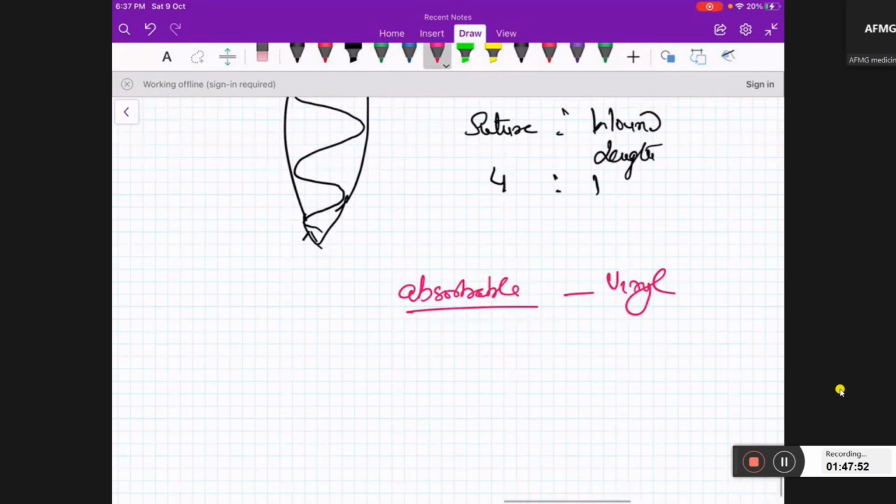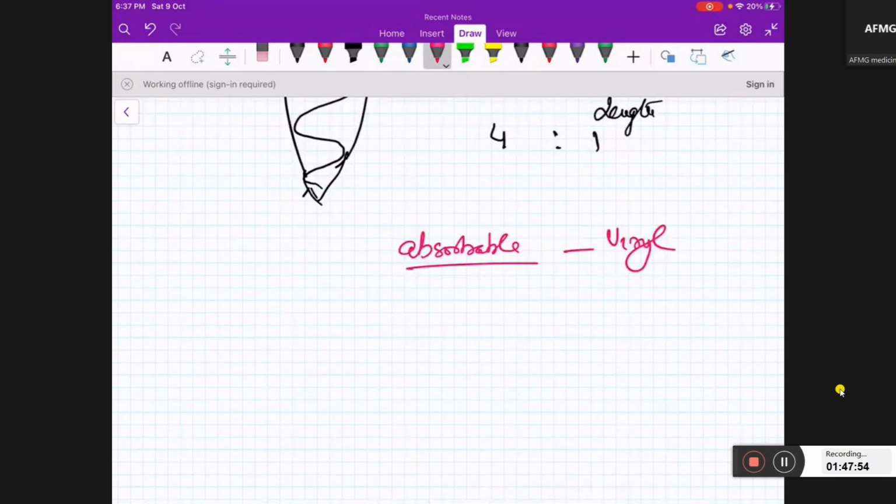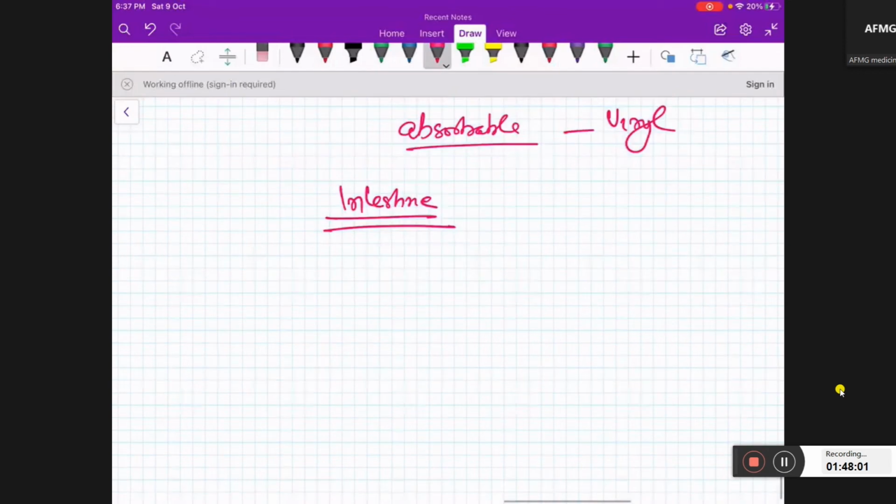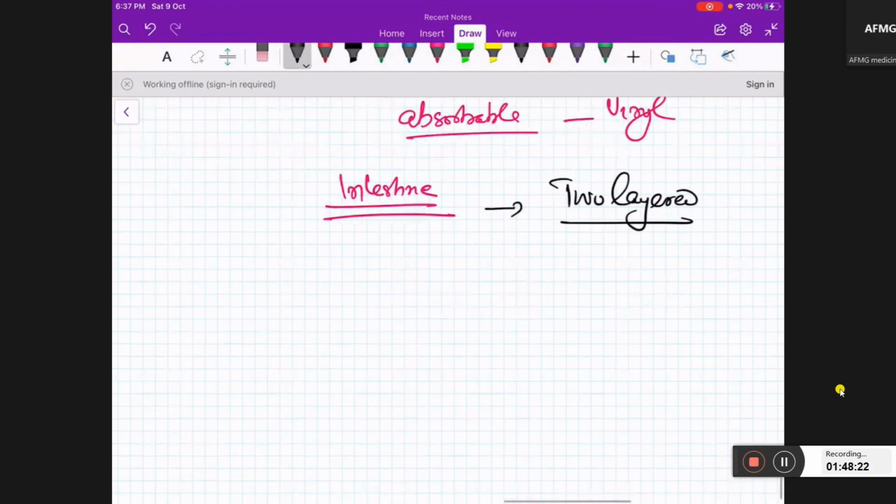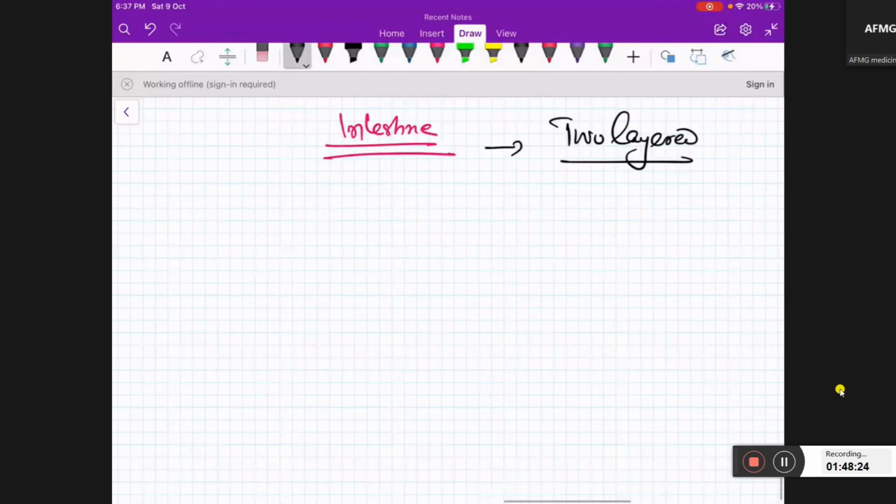Now comes the intestinal anastomosis. For intestinal anastomosis, what were we doing earlier? We were earlier using a 2-layered closure. Imagine this is intestine.